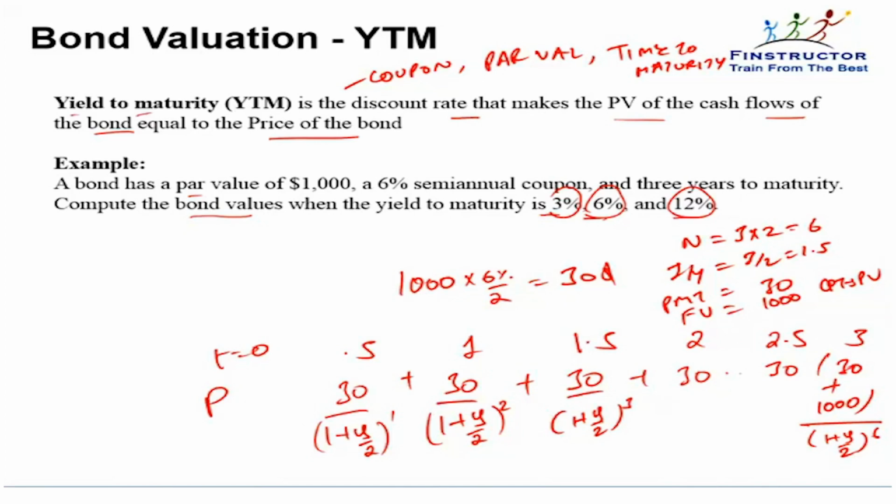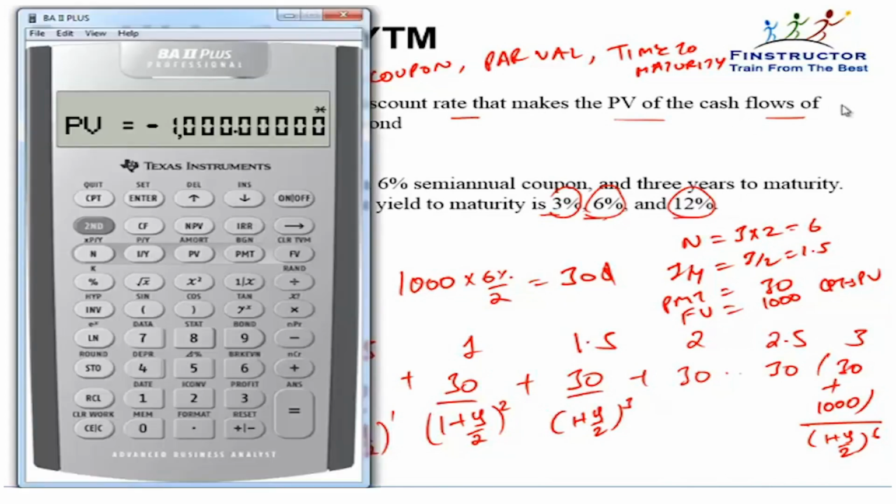If the discount rate is higher, for example 12% on a semi-annually compounded basis, we'll press the button 6 and press I by Y. And then when we press compute PV, we see the bond now is available at a big discount, for a price of about $852.